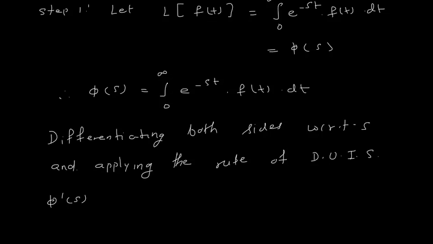Differentiation of phi s is phi dash s, which is equal to the integral from 0 to infinity. Now here I will differentiate, so it is del upon del s. We have to differentiate this whole, which is e power minus st into f of t dt, into dt.